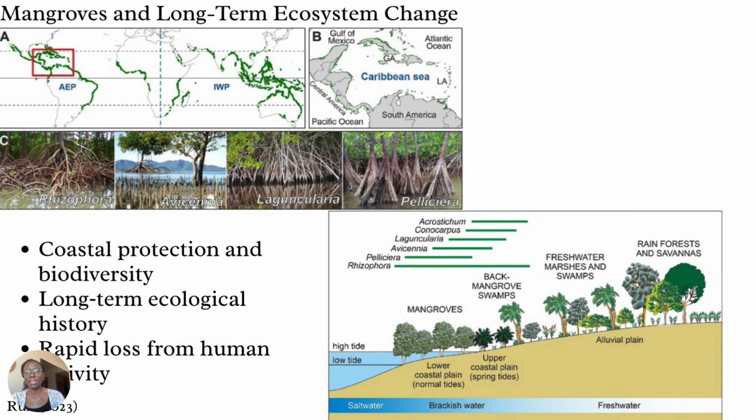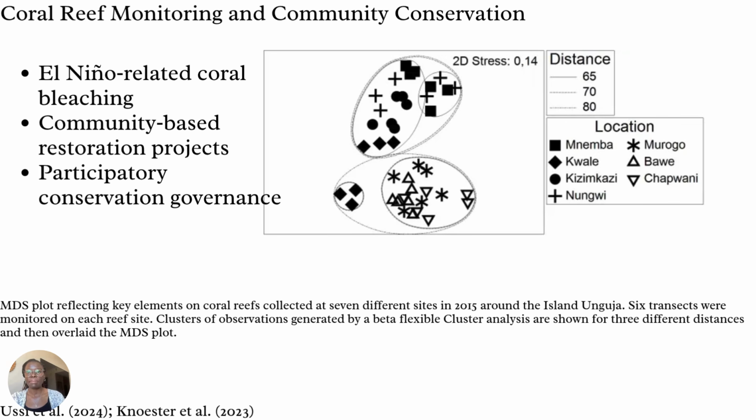The key point is that ecosystems formed over millions of years can be destroyed in just a decade by human activities such as coastal development. Understanding this long ecological history helps researchers observe patterns of resilience along with vulnerability that can guide today's ecosystem management efforts.